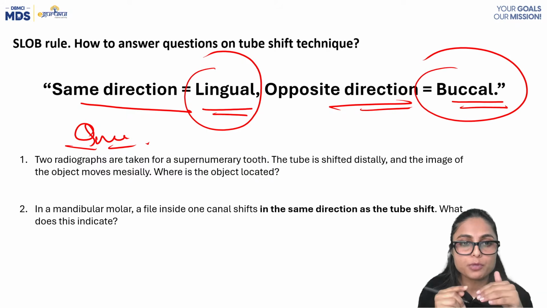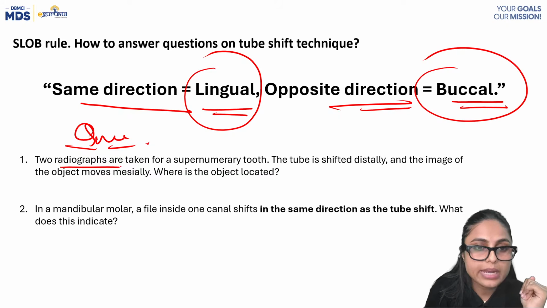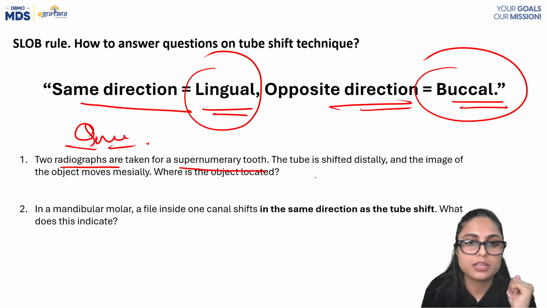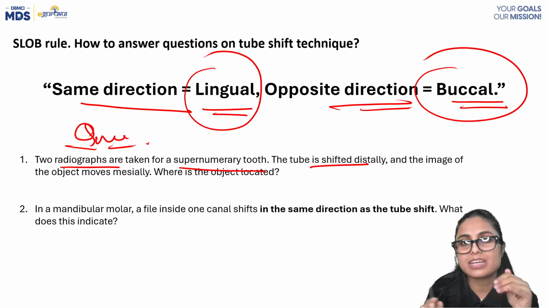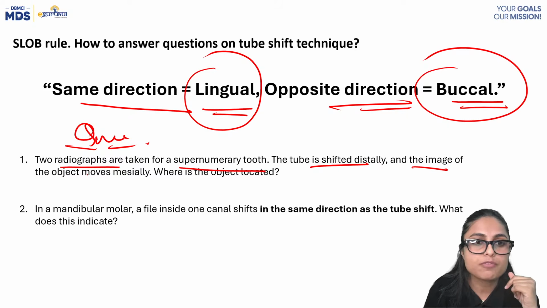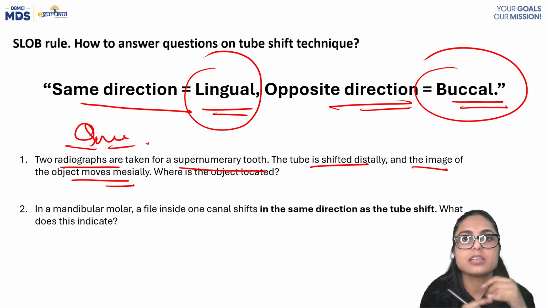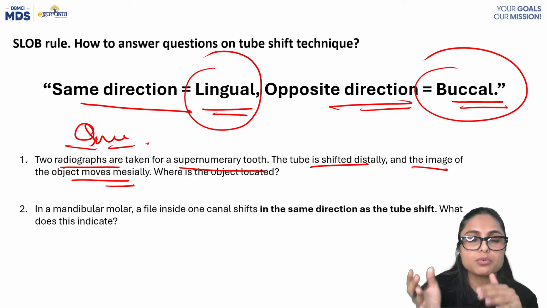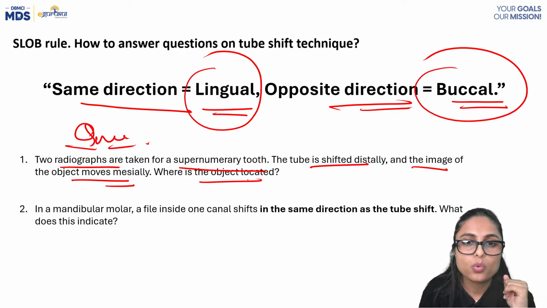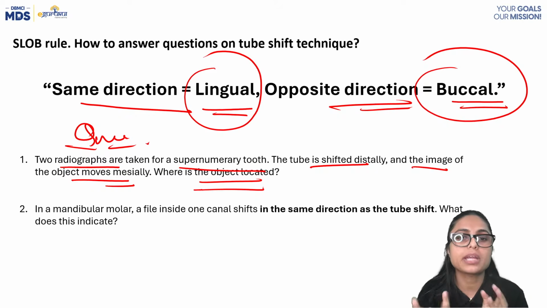So I have put two questions. First, two radiographs are taken for a supernumerary tooth. The tube is shifted distally. The image of the object moves mesially. That is, the supernumerary tooth moves mesially. That means, where is this supernumerary tooth located?